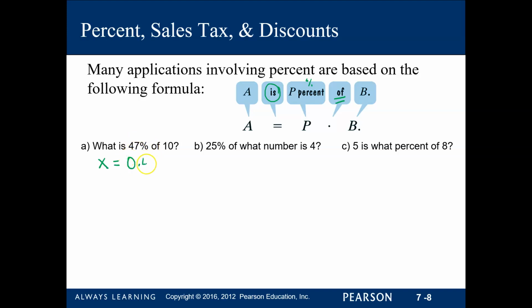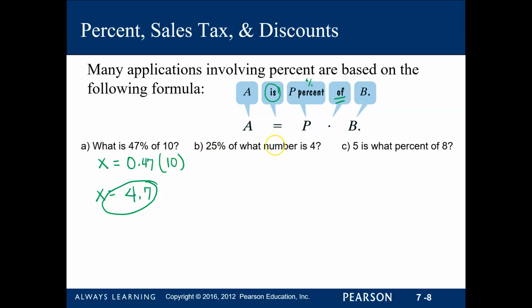So this is 0.47, and then "of" is multiply, and then 10 is our b. So we already have our equation here. And so if you're going to be solving this, x is equal to 0.47 times 10, so that is going to be 4.7. So that's how you solve for this particular problem.